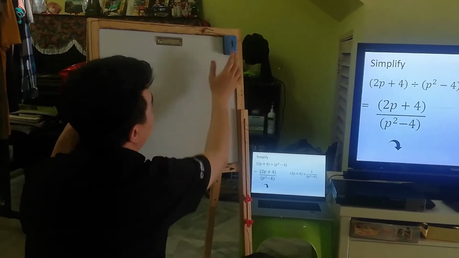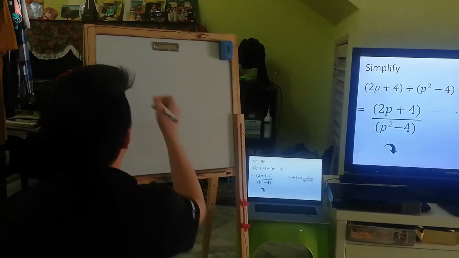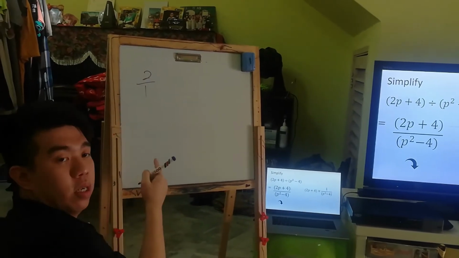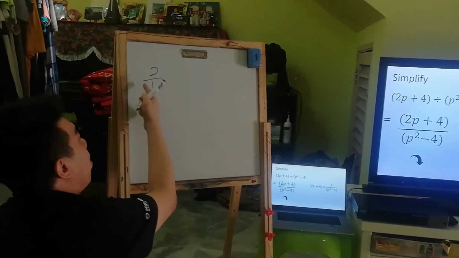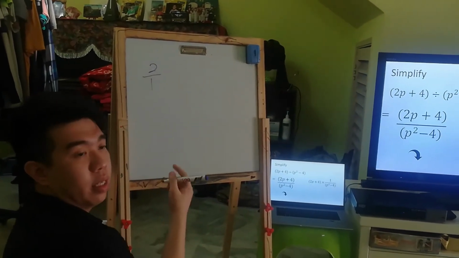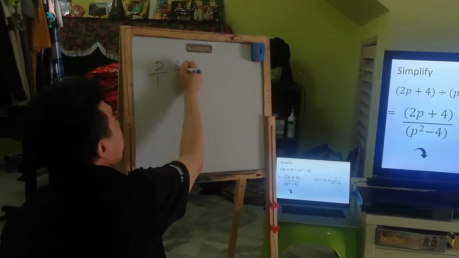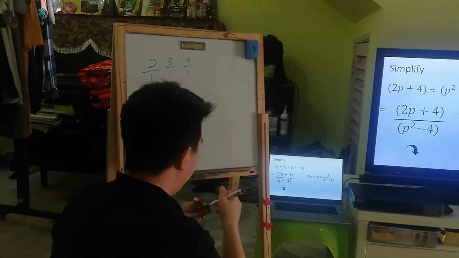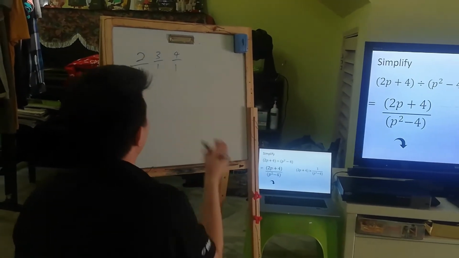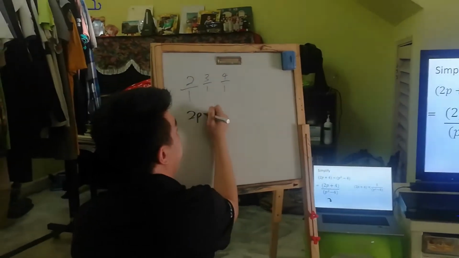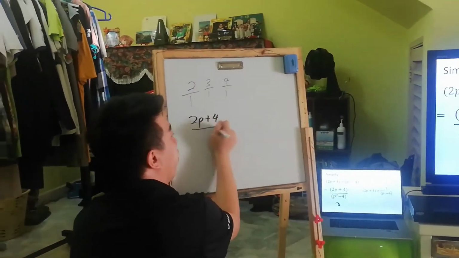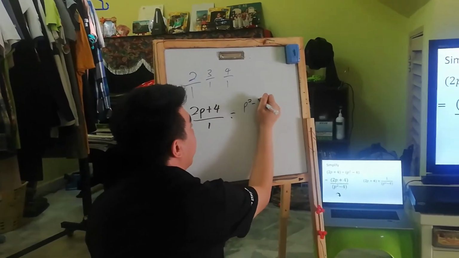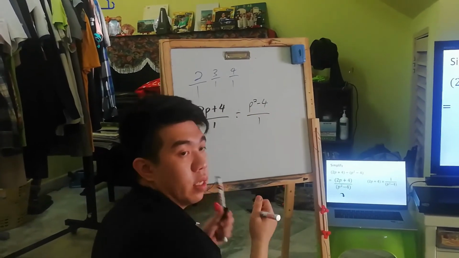In every number you do, for example, you see here number 2. It can actually be written as 2 over 1 also, because 2 divided by 1 is equal to 2, same thing. So 2, 3, 4, and so on. So this is actually 2p plus 4 over 1 divided by p square minus 4 over 1.